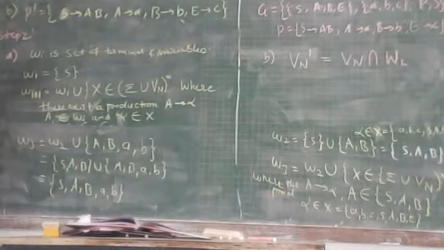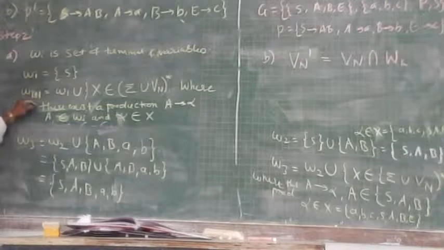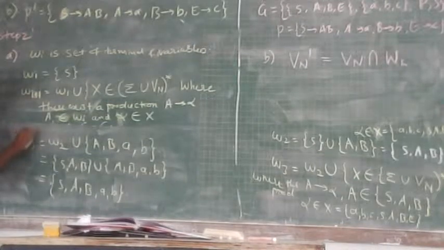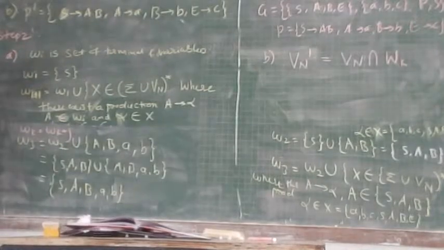In this first step, you have to repeat, go on continuing Wi until you get Wk is equal to Wk plus J. In this case W3 we got.